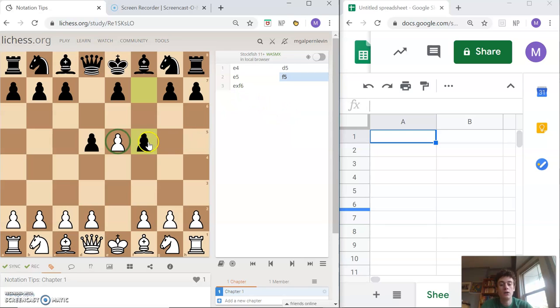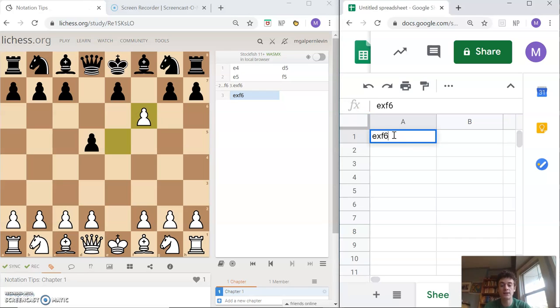Usually, if this pawn was on f6, as in my last video, we take the e file where the pawn is on instead of saying p. The x marks the capture, and then we are taking on f6, so it's e takes f6. In this case, our pawn is on f5, so we are still technically arriving on f6. So you can write e takes f6. I'll just write it over here so we can see.